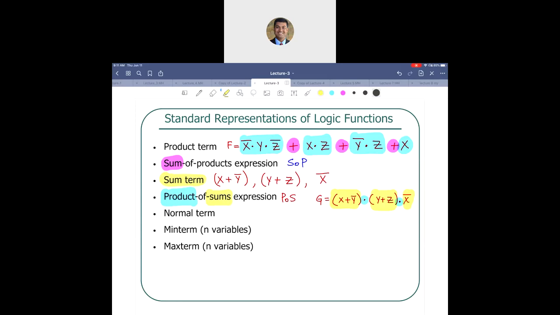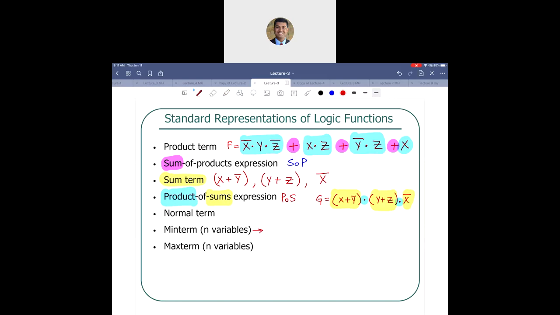Now the next three things are related to each of those terms and their properties. So a normal term, I will come back to the normal term at the end. I will talk about minterm first.